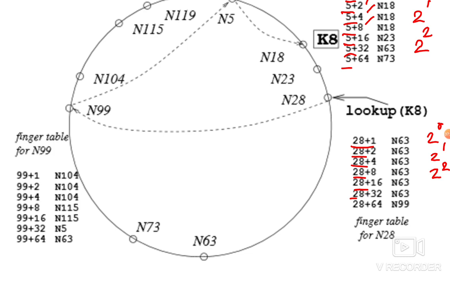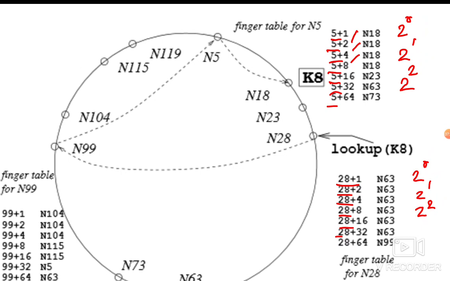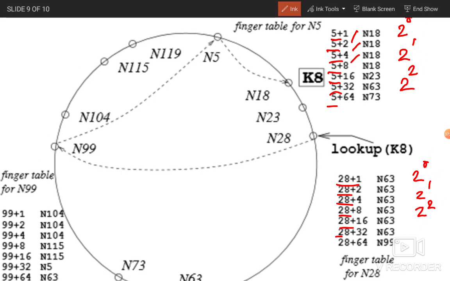But the successor of 28 plus 64 cannot be 63 or 73; it is N99. So when we look up the key value K8, we look up every finger in the finger table. Up to N99, we can't find a match for the key K8.